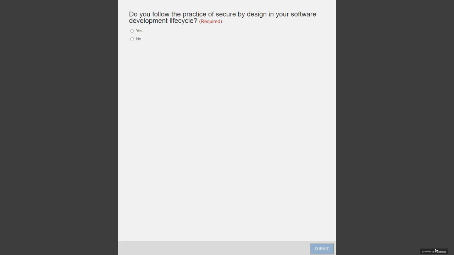Let's see how many of you feel the practice of secure by design in the software development lifecycle is being followed. So it's definitely a question for people coming from integrators or from an asset owner role perspective. That's where I see that still in India we are evolving on this concept, a new trend in OT security.